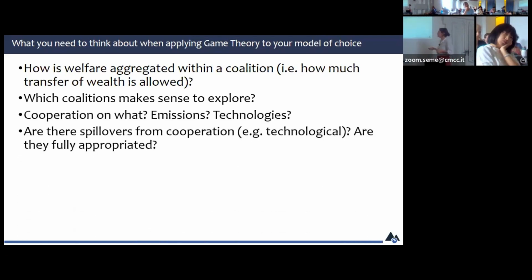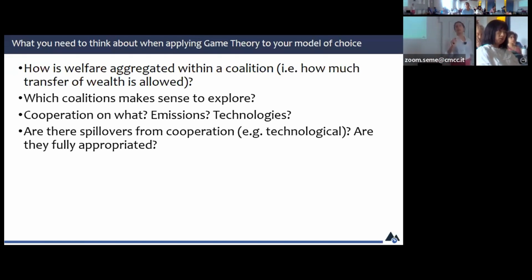Cooperation on what? On emissions, on technologies, do they have a treaty on trade? That's important, depending on how your countries are related in your model. Are the spillovers from cooperation appropriated or not?